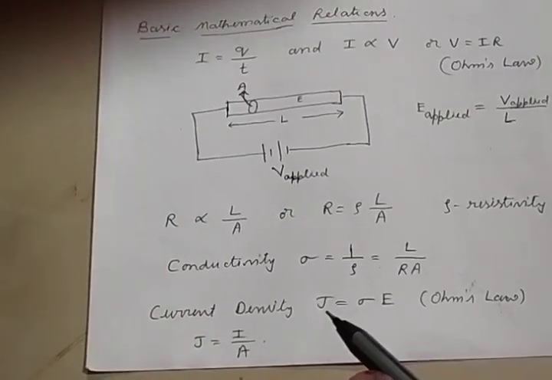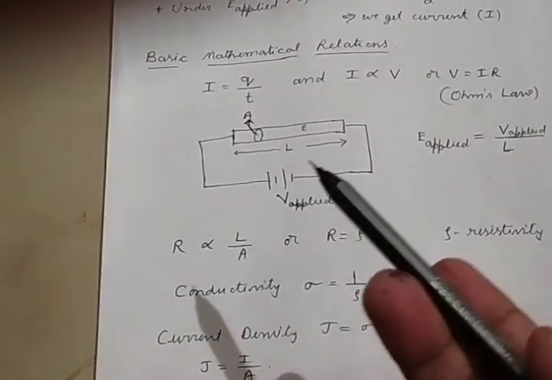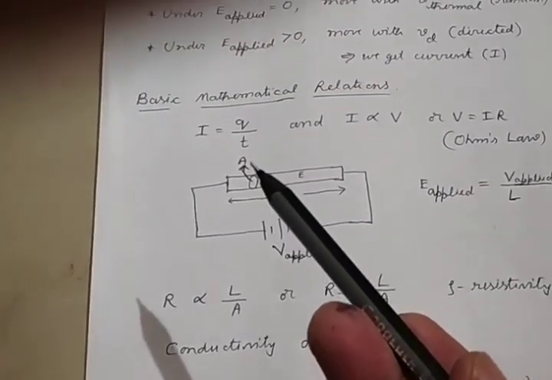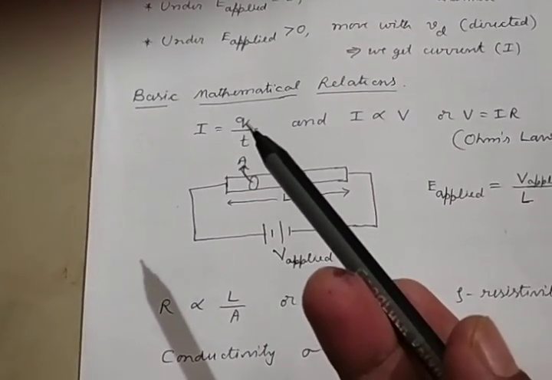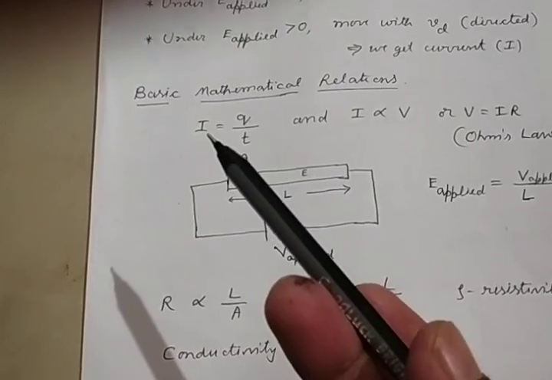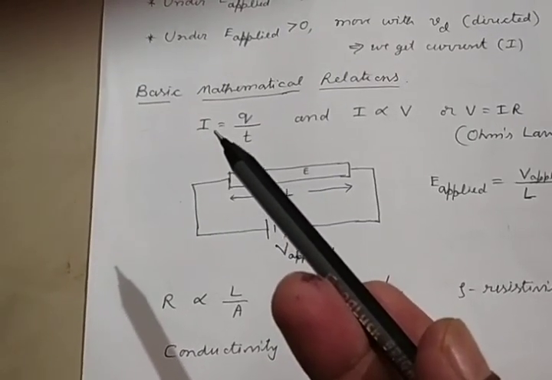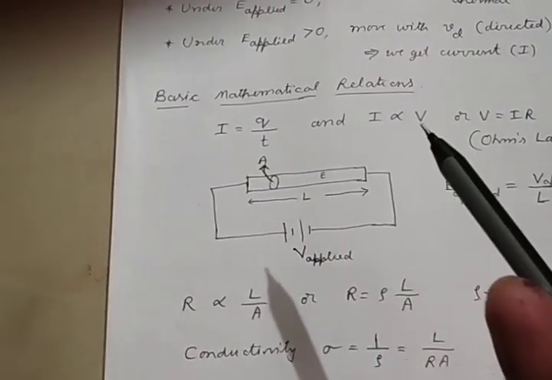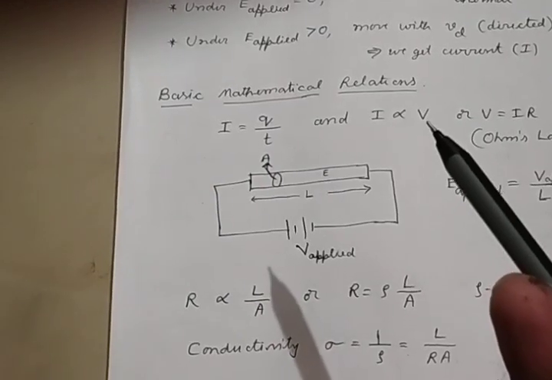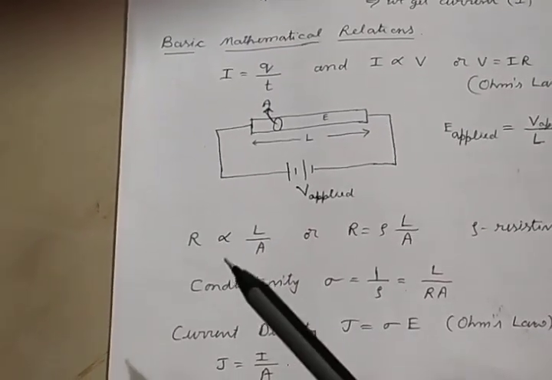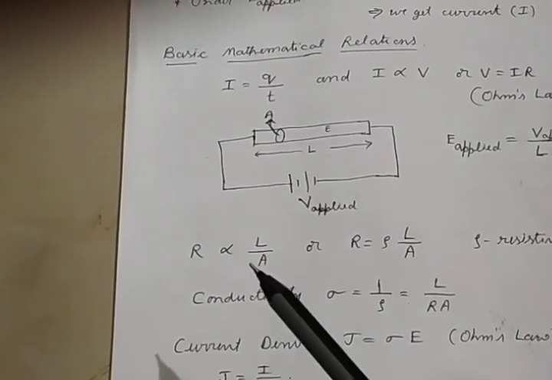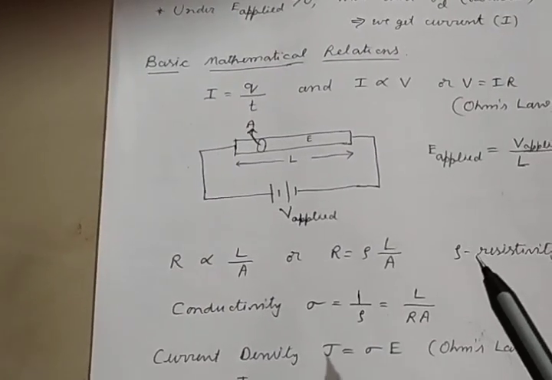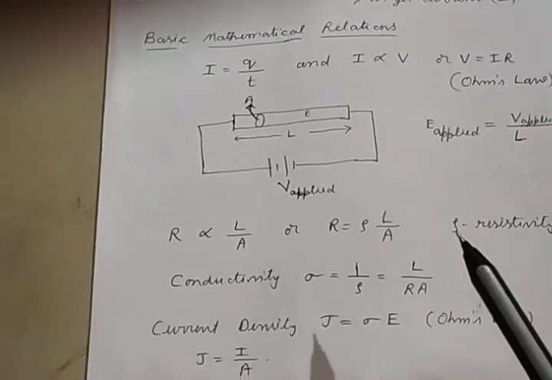Now here we can also talk about the units involved for these quantities. Here if we take I, the rate of flow of charges, charge is in coulomb. So I is the current, which has the unit amperes. V, the voltage, is expressed in volts, resistance has the unit ohms, and resistivity has the unit ohm meter, right?